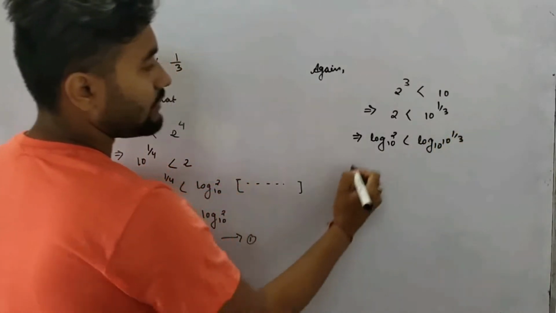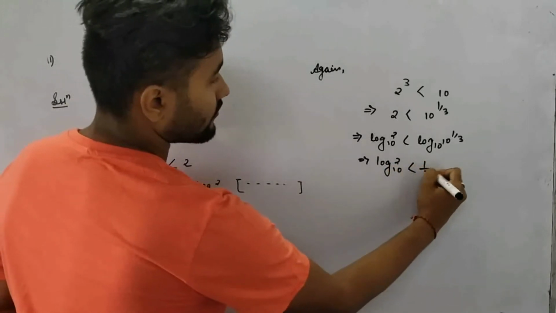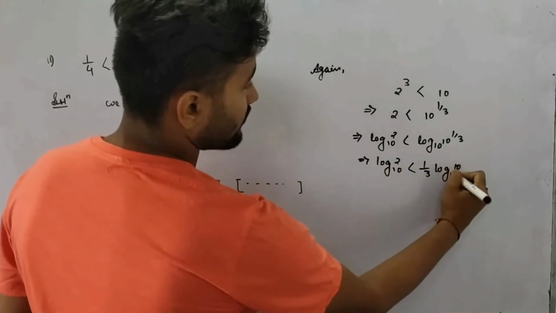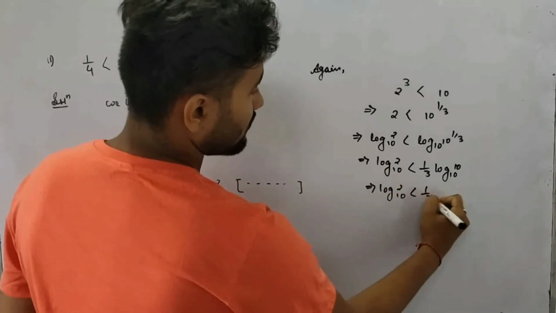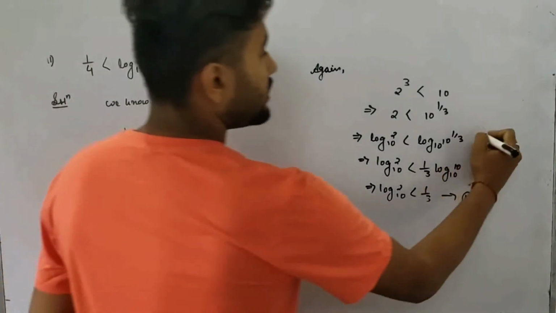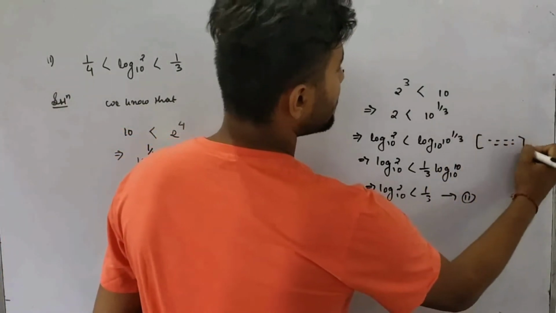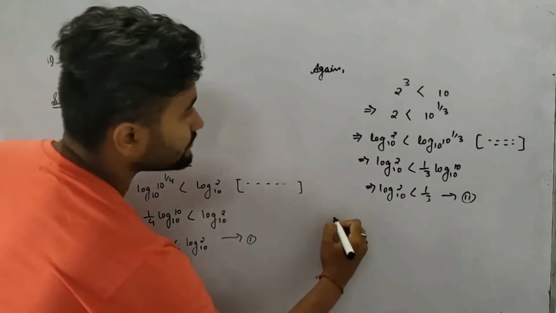Same process, exactly same. Okay, over here you write again taking logarithm with base 10 on both sides. So from 1 and 2 what we will get?